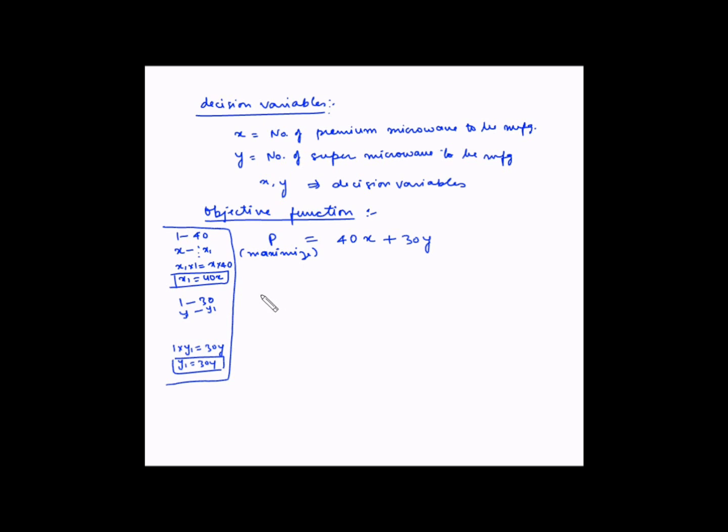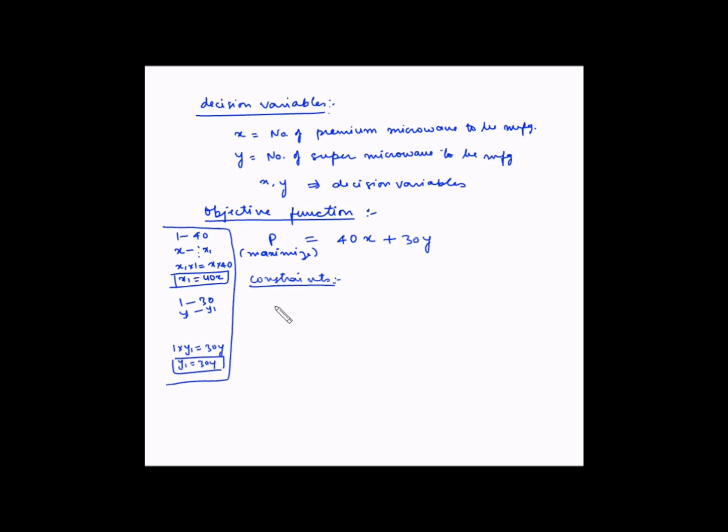Now the next step is to identify the constraints. So for the first constraint we have been given is that the premium microwave requires twice as much time as required by the super microwave.